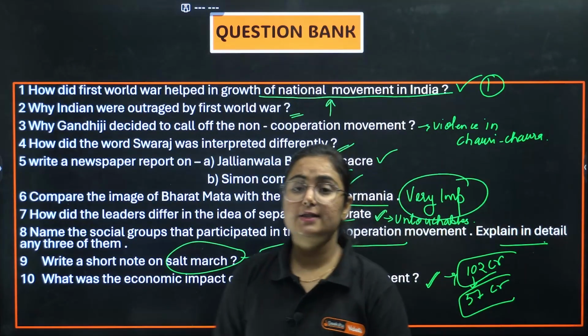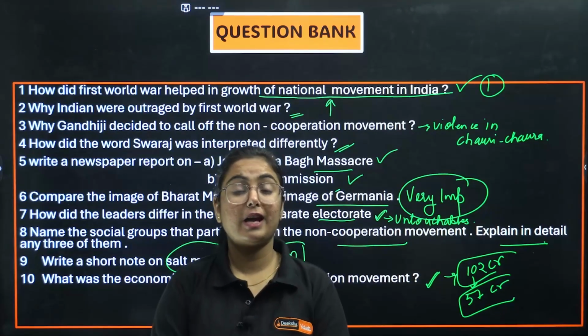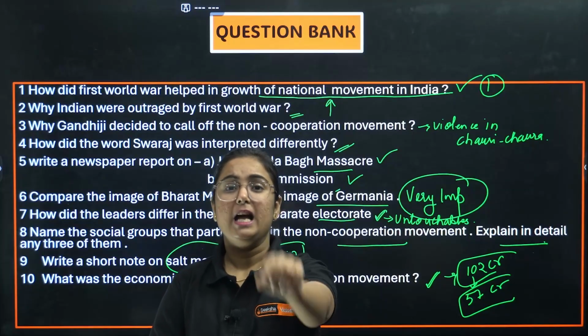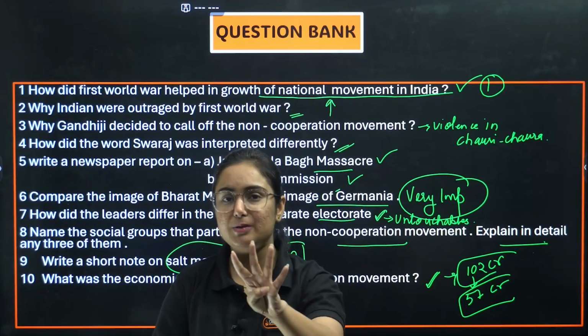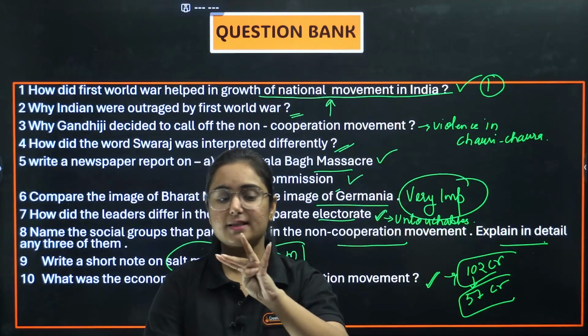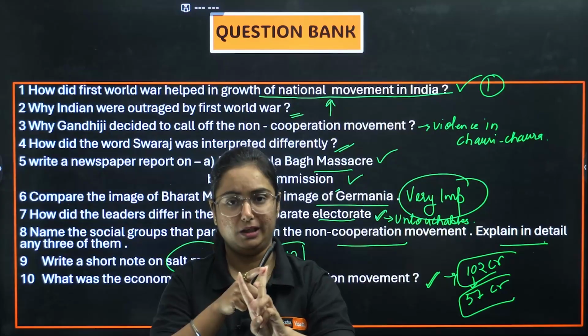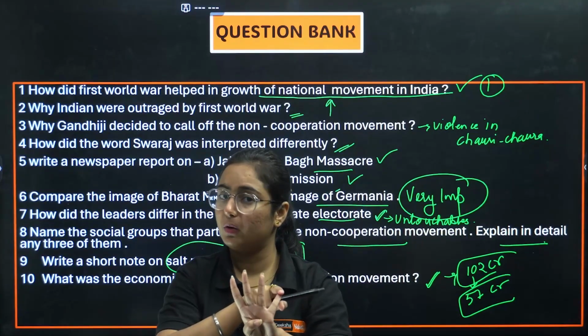Okay, so this was all about the chapter Nationalism in India, and we have successfully completed 2 major chapters of history. Right? We have many chapters, but particularly 4 chapters from history are coming in your exam. One is nationalism in Europe, the other one is nationalism in India, third is print culture, and the 4th is making of global world.